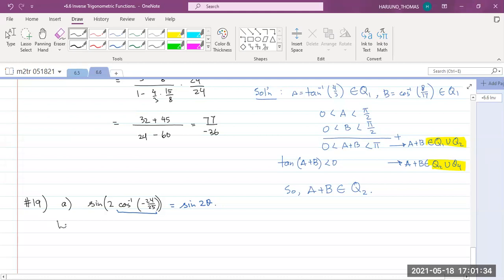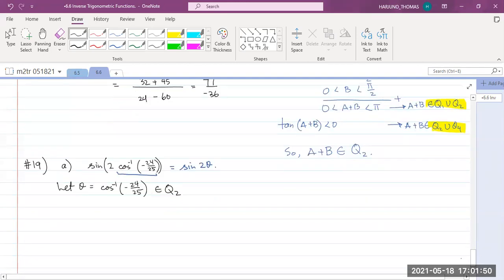So let theta equal cosine inverse of negative 24 over 25. Now we know this is in quadrant 2 because cosine inverse of a negative must be in quadrant 2. And then cosine theta, therefore, is negative 24 over 25.